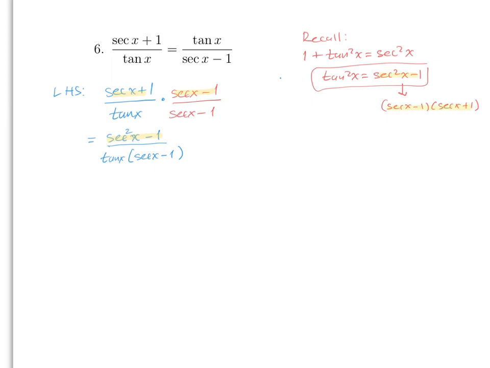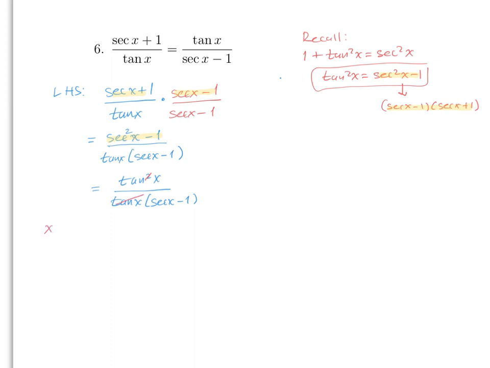Then on the top, notice that this highlighted part is exactly equal to just tangent squared. So on the top, you have tangent squared x, and on the bottom, you have tangent x times secant x minus 1. Notice that you can cancel this with this.